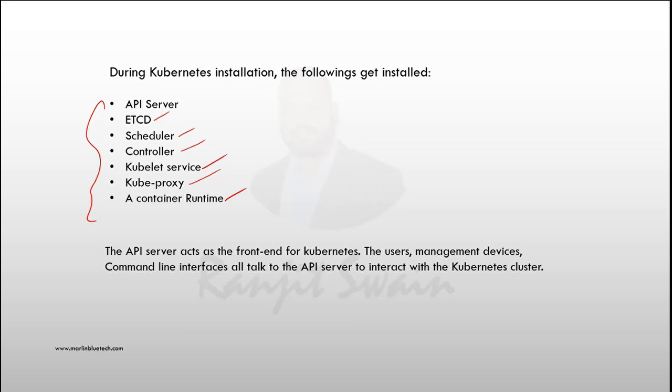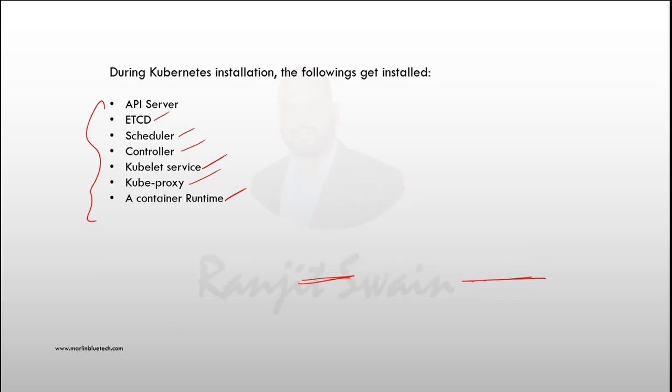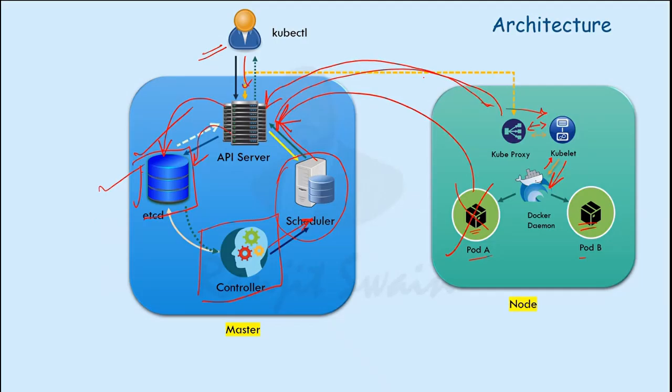So what is this API server? We learned about the API server, and I said that the API server does all the things, right? The API server acts as the front end of Kubernetes. The users, management devices, and command line interface all talk to the API server first to interact with the Kubernetes cluster, like we see here, right? API server.